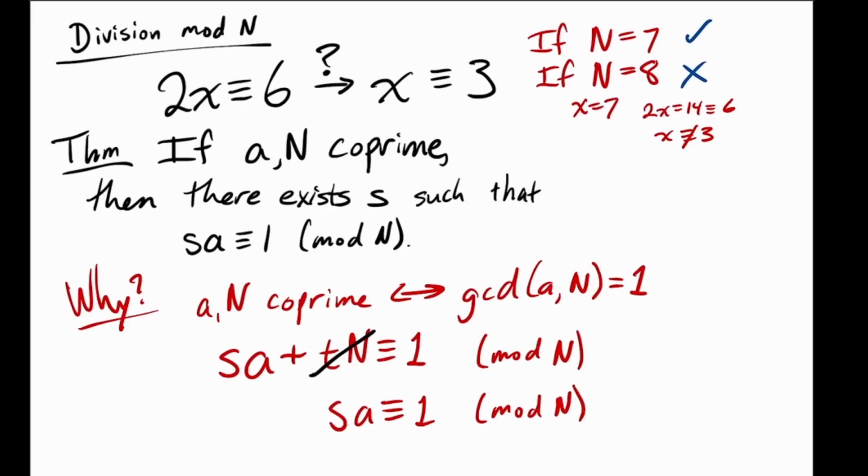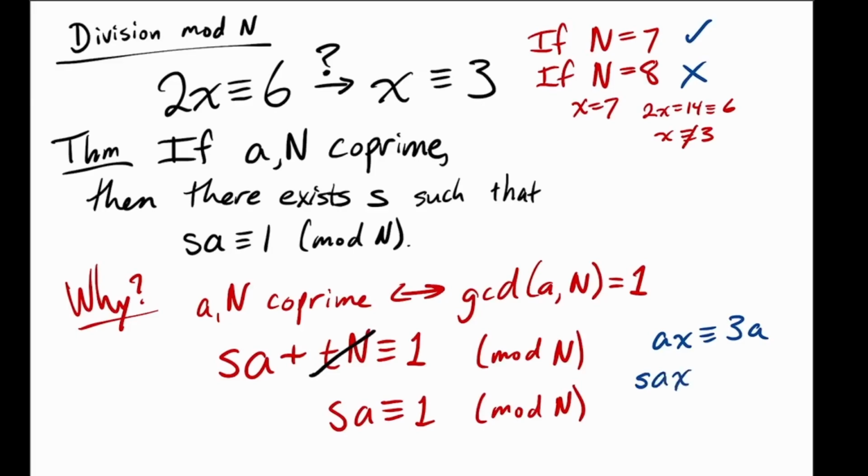All right, so again, why does this help? How does this allow us to do something like division? Well, if I had ax congruent to 3 times a, then in order to divide both sides by a, to cancel out the a's, instead of doing that, I just multiply both sides by s, because multiplication plays nicely with modular arithmetic.